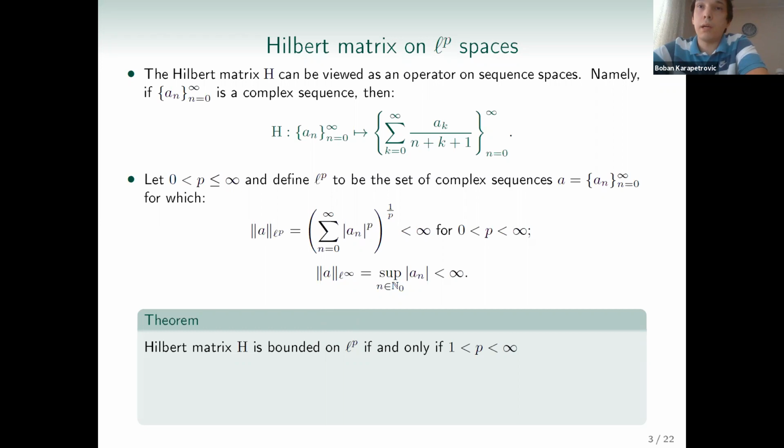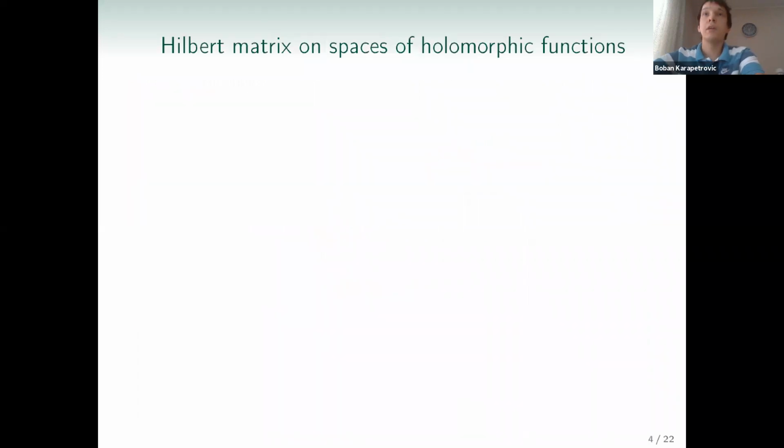And also in this case, the norm of the Hilbert matrix H on this l^p space is equal to this quantity, pi over sin(pi over p). And this can be motivation to consider the Hilbert matrix on spaces of holomorphic functions.